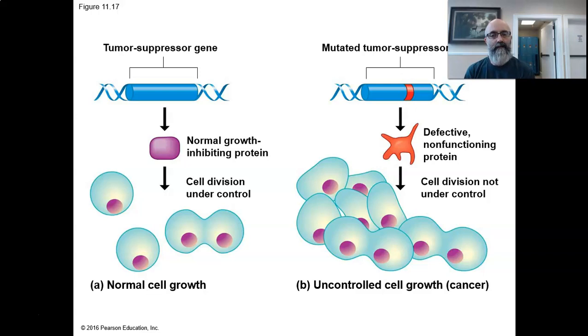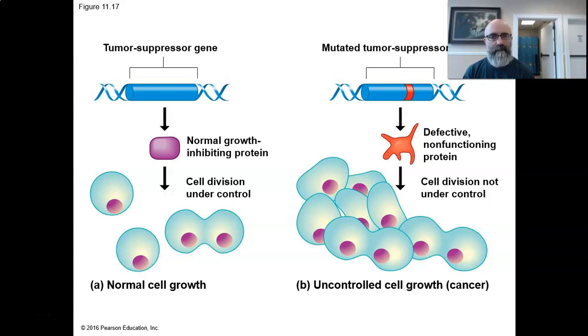Now, if you take that gene and you try to think of something else that causes cancer, say you are exposed to some type of pesticide, then that pesticide could interfere with the copying of the DNA and lead to a mutated copy.